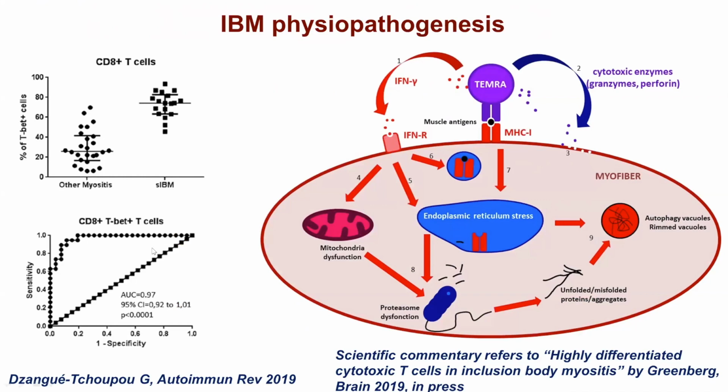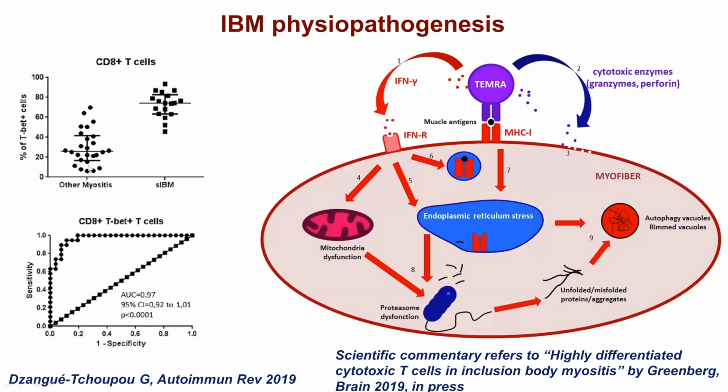For instance, we recently published that there are some very activated and differentiated CD8 cytotoxic T cells, using an unsupervised approach with 14 different markers of the lymphocytes and the CyTOF technology. By unsupervised approach, we can clearly observe that some CD8 cells are really different than in other myositis.